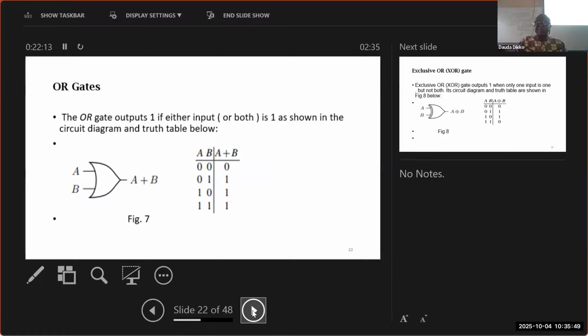So if the input A is 0 and B is 1, the output will be 1. However, if both are 0, then the output will be 0.